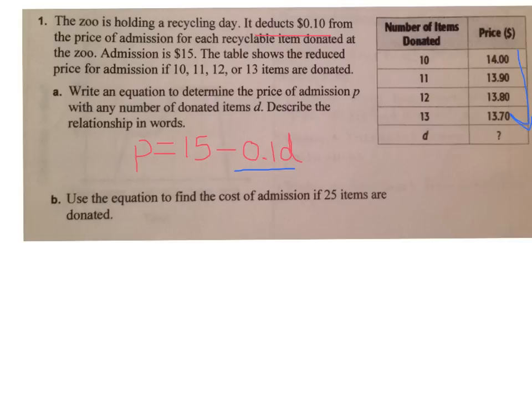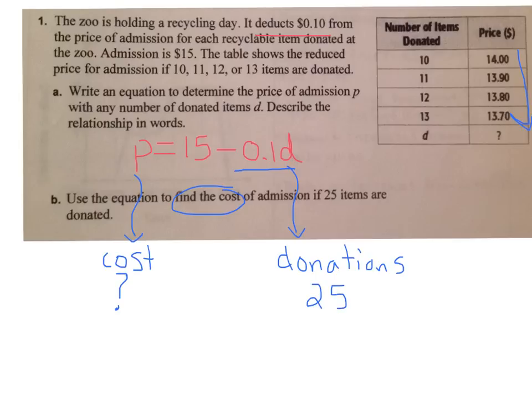All right. Now it says use the equation to find the cost of admission if 25 items are donated. So, if we remember, P represents the cost of admission, and D represents the number of donated items. So they're asking us to find the cost if 25 items are donated.